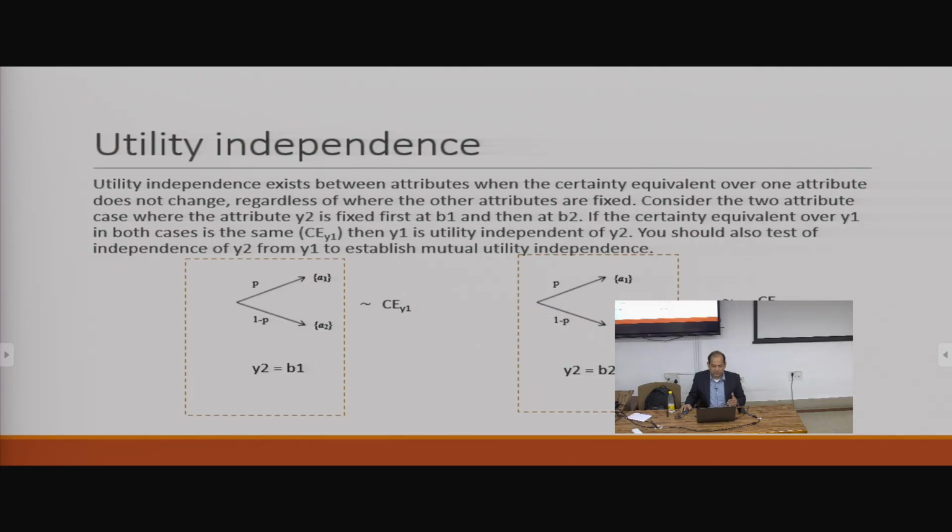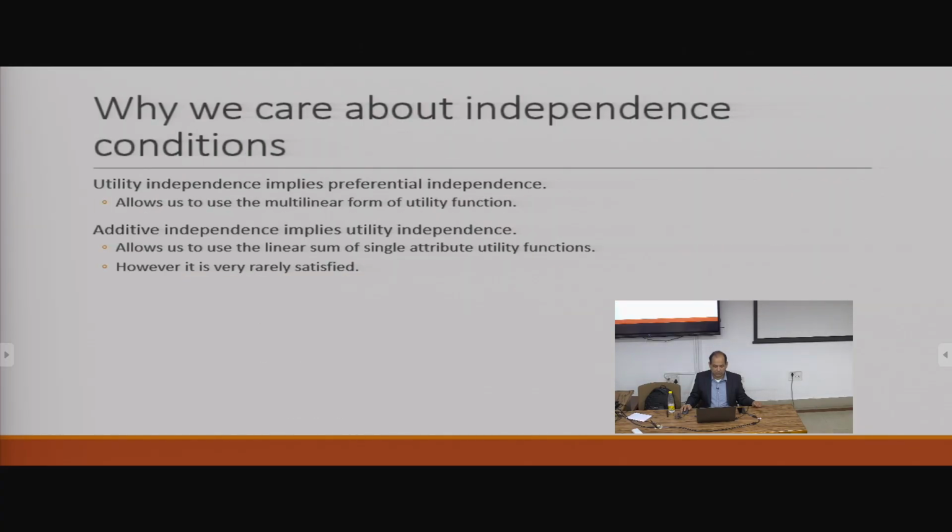But these two conditions are necessary for us to be able to use the multilinear utility function. So utility independence, along with preferential independence, allows us to use the multilinear form of the utility function. There's an even stricter condition, which is called the additive independence condition.